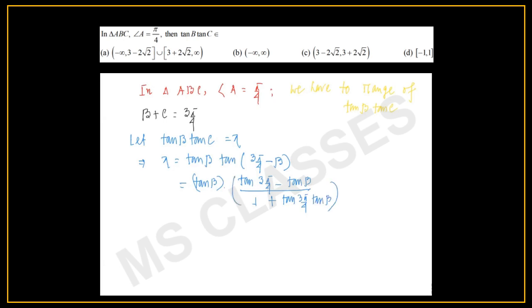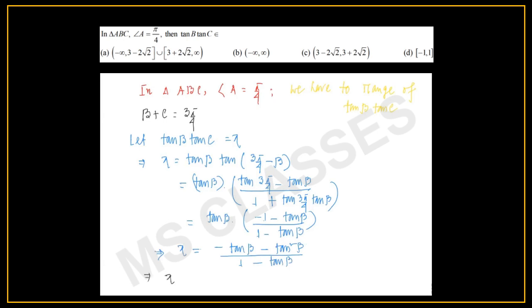Now if we simplify this, we get tan B into minus 1 minus tan B by 1 minus tan B, because tan 3 pi by 4 is minus 1. From this one, we can simplify and we can write minus tan B minus tan square B whole divided by 1 minus tan B. Now we can simplify this.